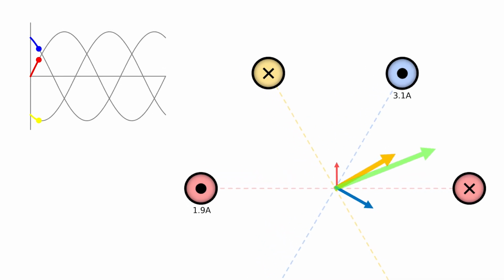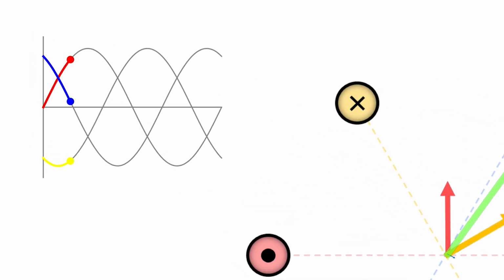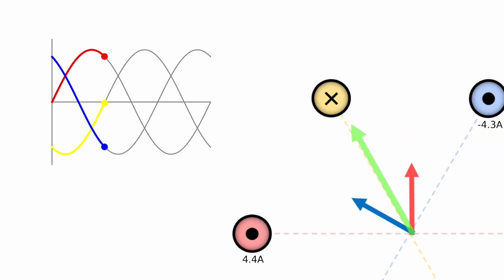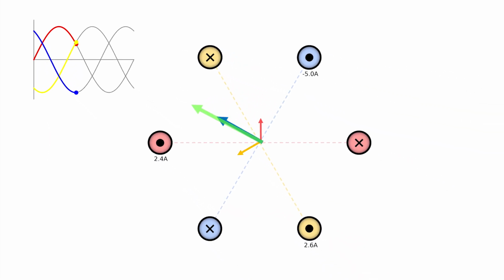But if we pass currents through these coils such that the currents are also shifted 120 degrees with respect to each other, the oscillations no longer cancel each other out. In fact, we get a smoothly rotating magnetic field. This rotating magnetic field is shown by the green arrow in this illustration.